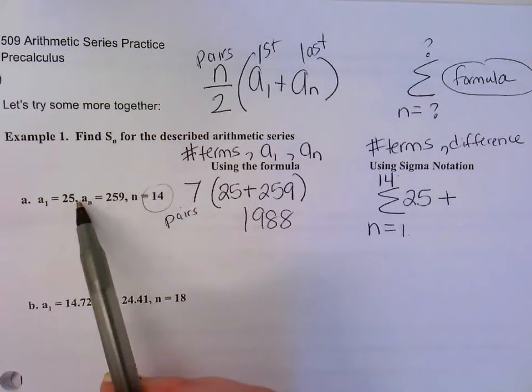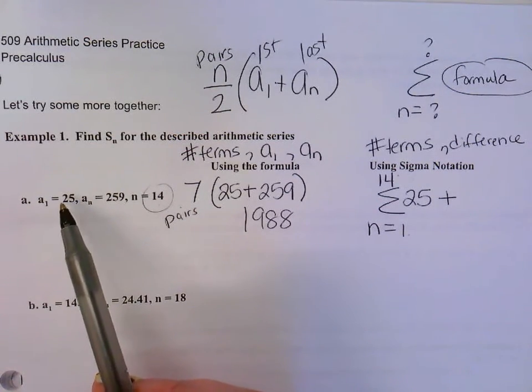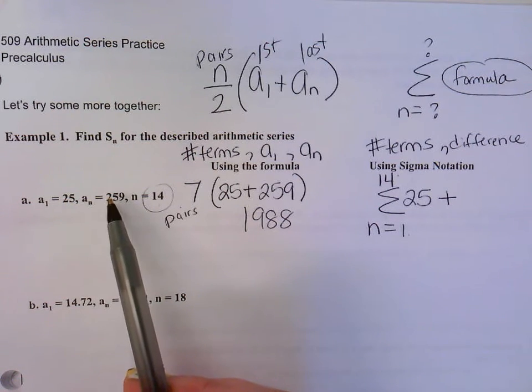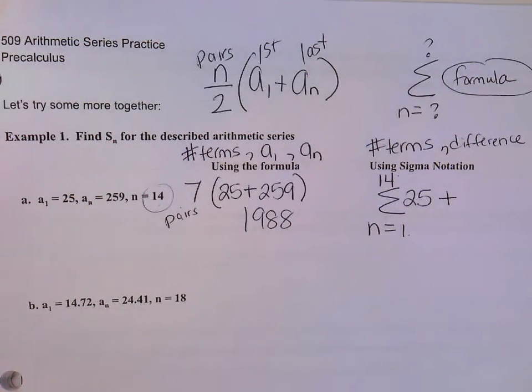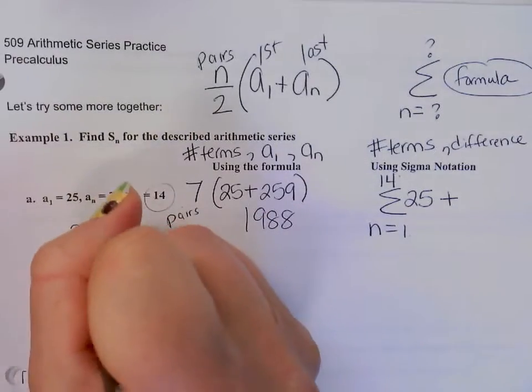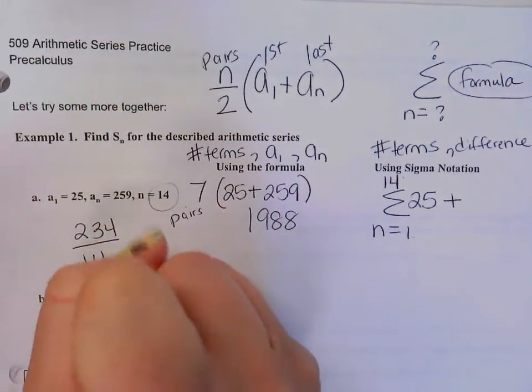I know the total went from 25 to 259, so can't I find the difference between the total and divide by 14 terms? So let's see, I would take 259 minus 25, so that's a total of 234 divided by 14.